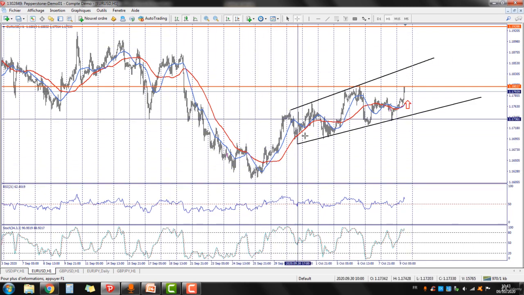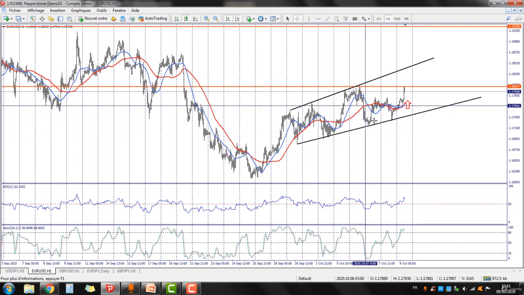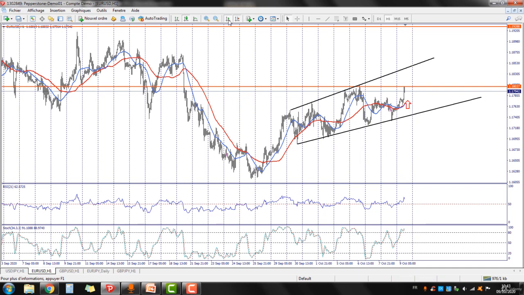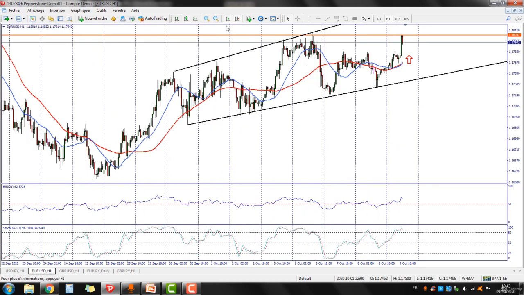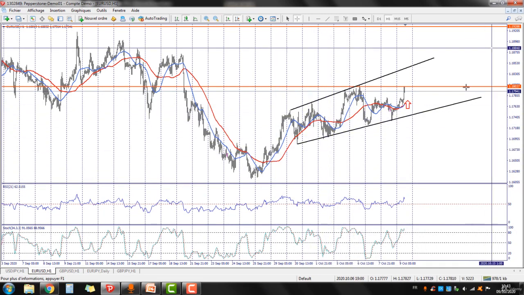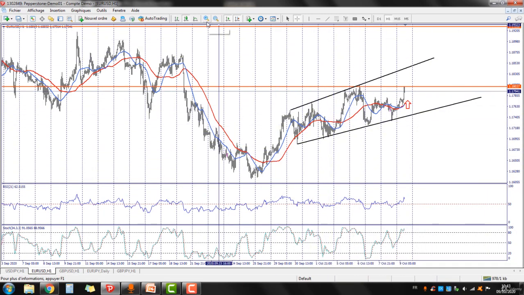So when the market entered this rectangle, it keeps doing up and down. You can't trade this on swing trading or day trading, but in scalping you can have good opportunities here in this rectangle.